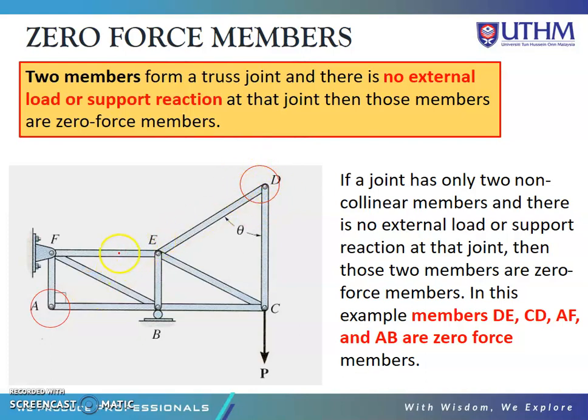So we check on this truss for joints where there are two members and no external load and no support. At C we have an external load, at B we have a support, at F we have a support.